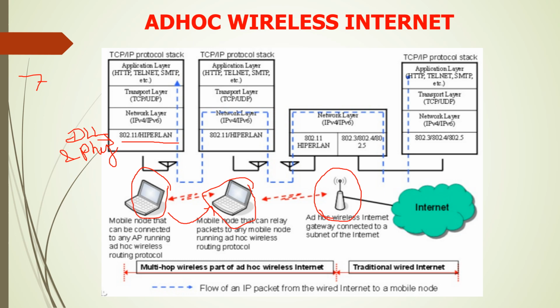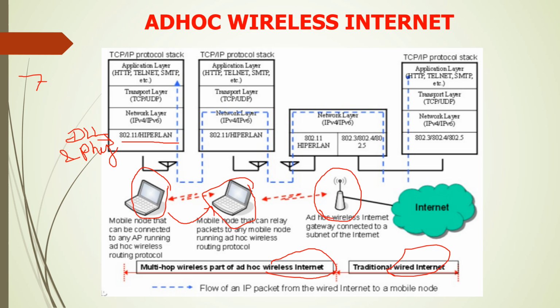The two networks are the wireless network and the wired network. So the left hand side will be a wireless network and the right hand side will be a wired network. These two networks will be interconnected by this gateway, and this gateway will connect your Adhoc wireless network to the subnet of the internet. So this will connect wireless as well as wired.